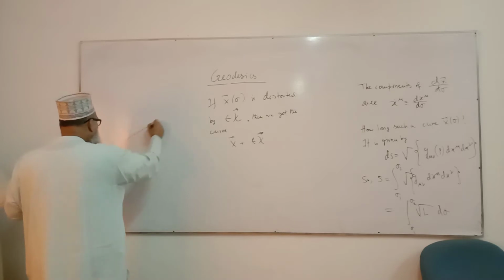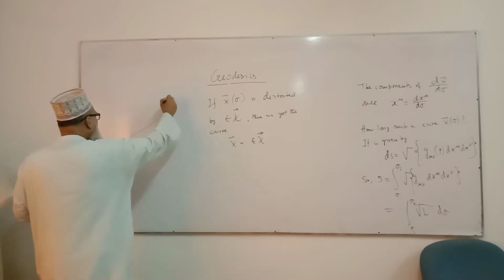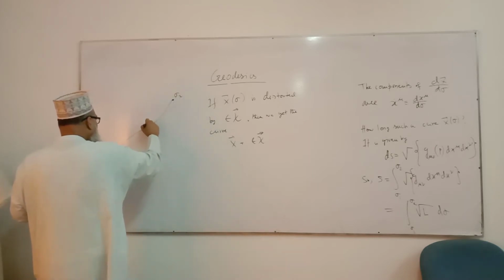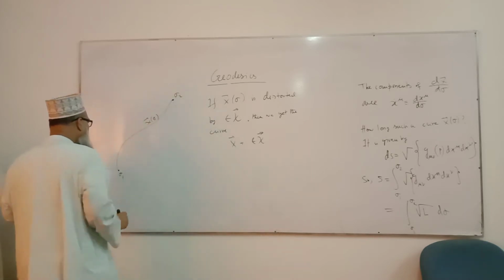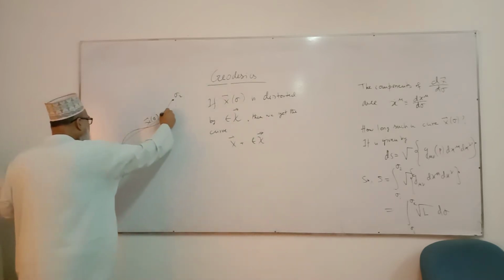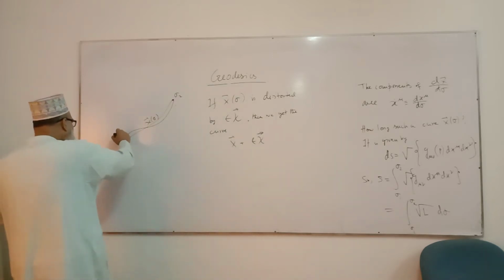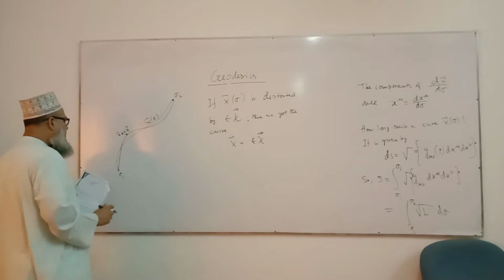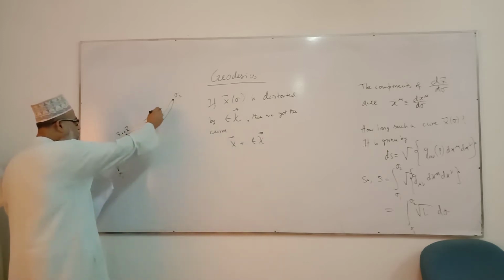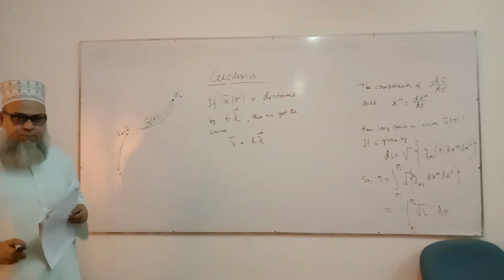Say this is x of sigma, here is sigma 1, here is sigma 2. Now you want to distort it. So you distorted it. This curve is x of sigma, and the distorted curve is x plus epsilon chi.